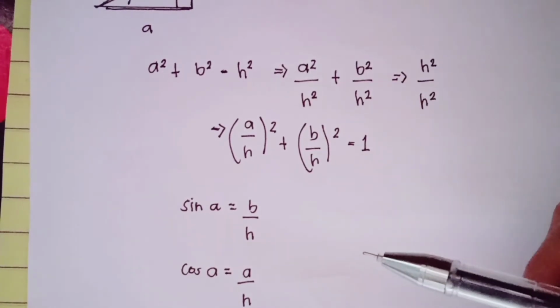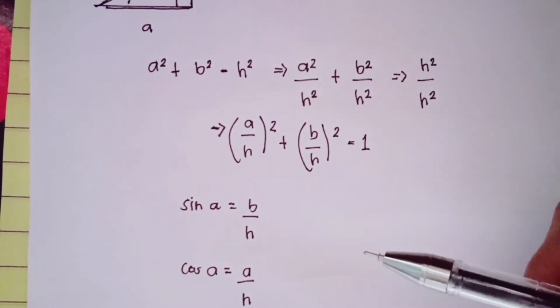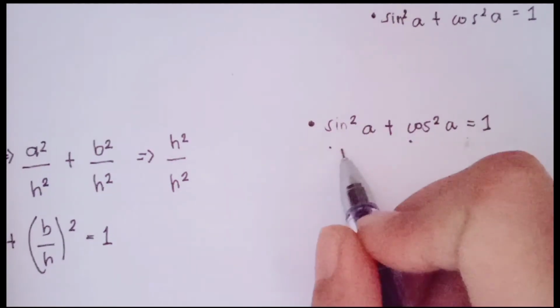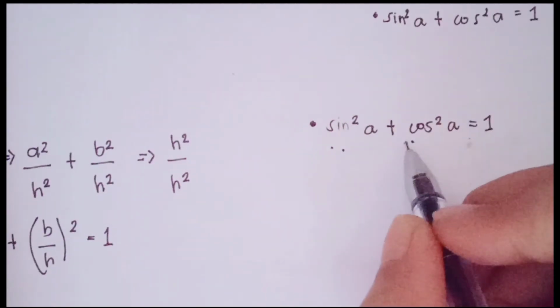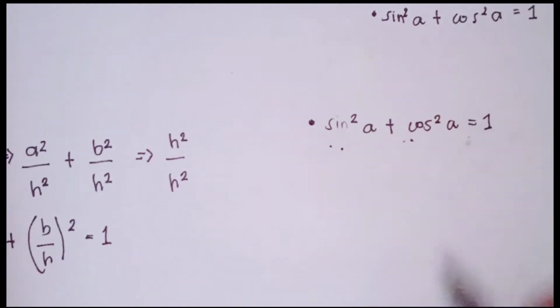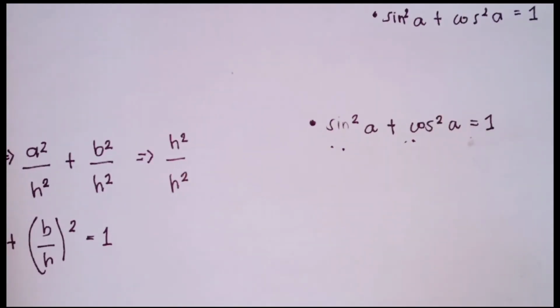So we've obtained what's known as the fundamental formula of trigonometry. Let's switch around the terms on the left, putting sine squared alpha plus cosine squared alpha is equal to 1.